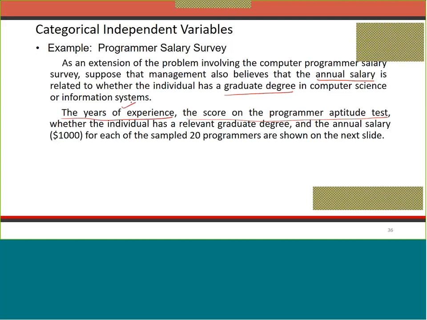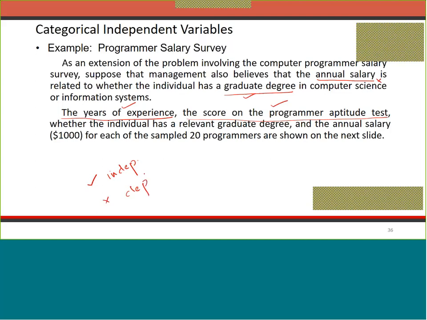So years of experience, the score on the programmer aptitude test, and graduate degree are independent, and the annual salary is dependent.